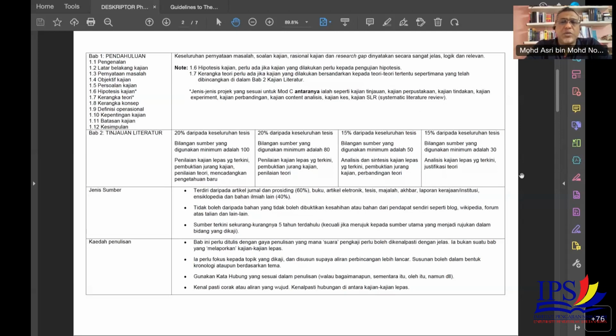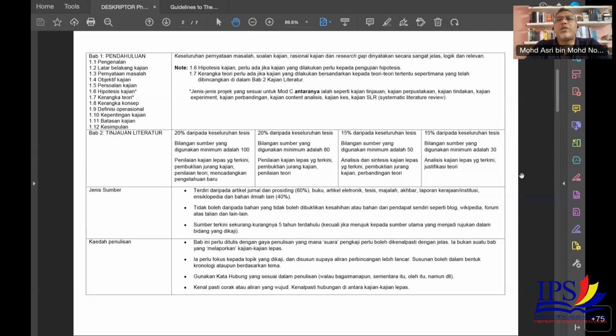Yes, there is a rule saying that materials you are allowed to use for your research and also project paper should be at least 5 years old or later.